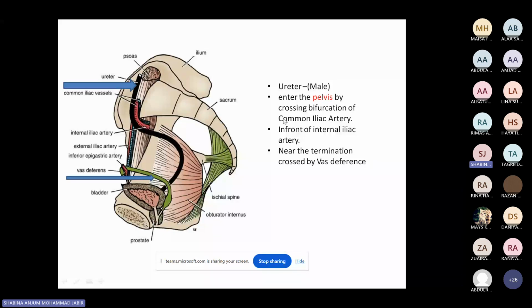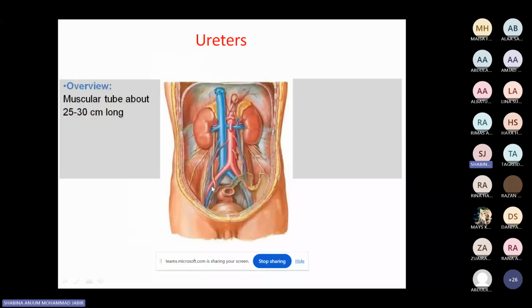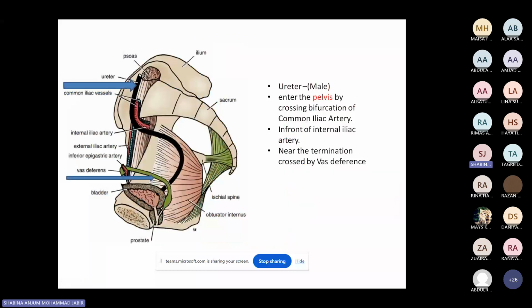Now we know here we have the common iliac artery which divides into internal and external iliac artery. So at the bifurcation, it will enter into the pelvis. Then after that, you can find that it is going along with the internal iliac artery, in front of the internal iliac artery.